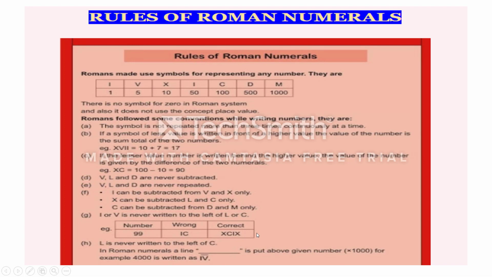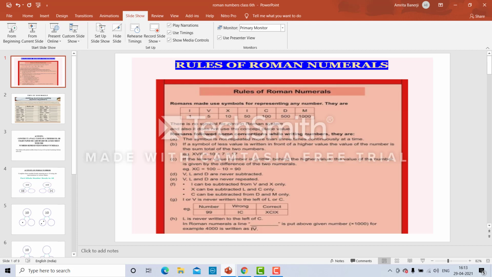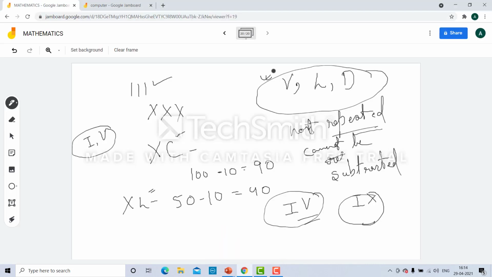Now children, one more rule we have, that L is never written to the left of C. C means your 100, and L is never written to the left of C. Let us just do and see so that it becomes easy for you to understand.